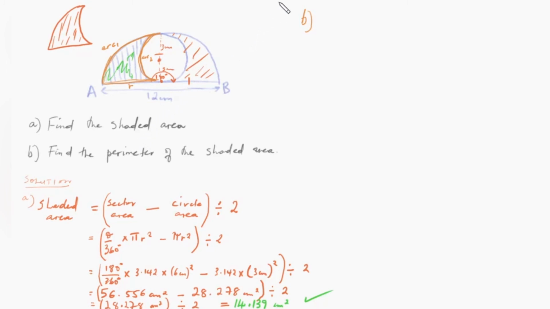Now perimeter. Look at this, my friend. Perimeter here will be equal to arc 1 length plus radius, which is r, plus arc 2 length.